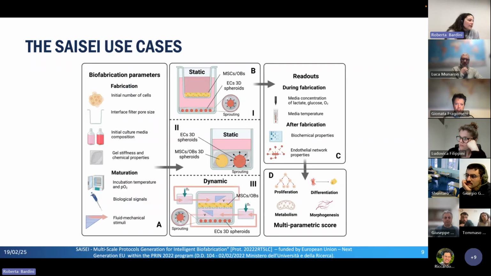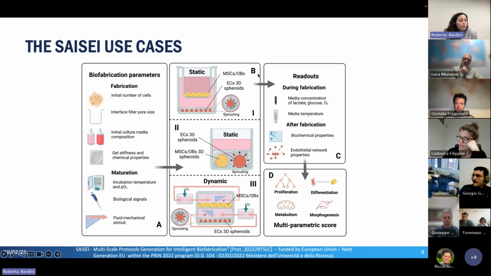So in this perspective, we start working with static co-culture, transwell-based co-culture of mesenchymal stem cells and endothelial cells, which Giorgia described in her talk, and the higher in vitro complexity we are targeting is otherwise a dynamic culture, where the cells are also stimulated by dynamically regulated culture conditions, as Gionata was introducing.